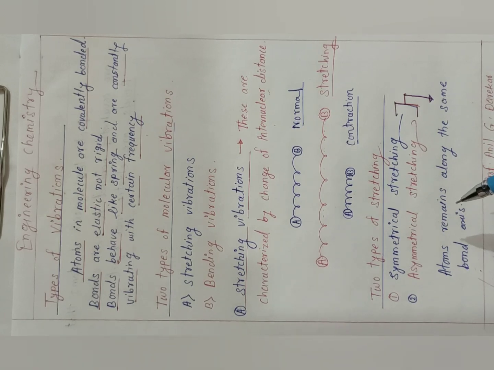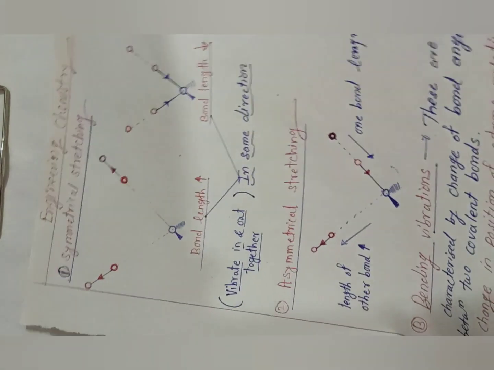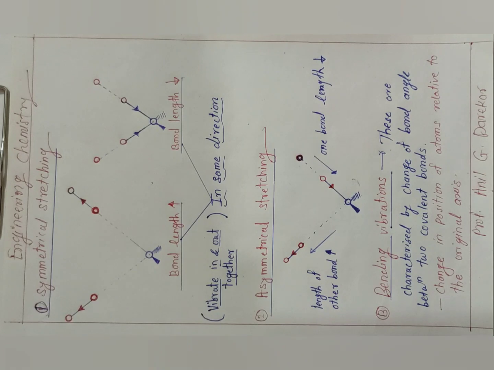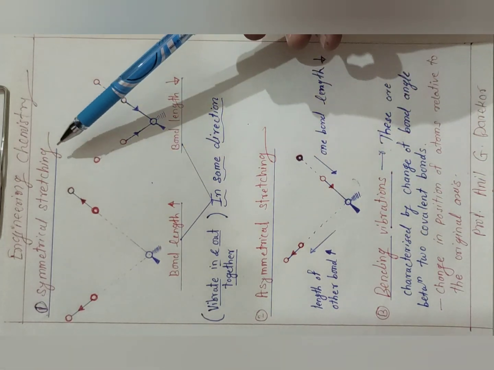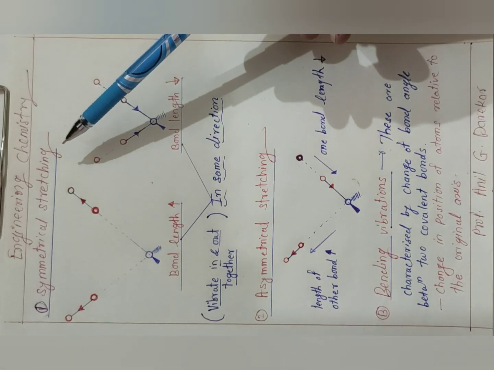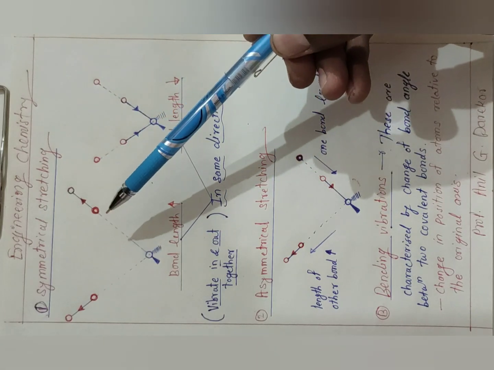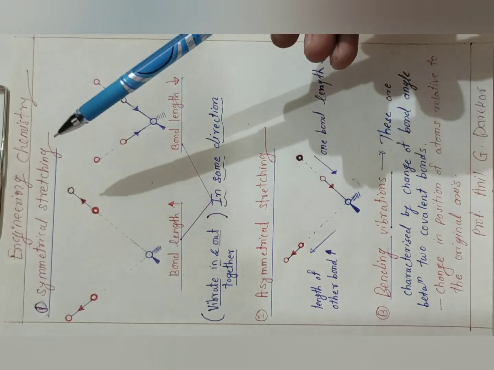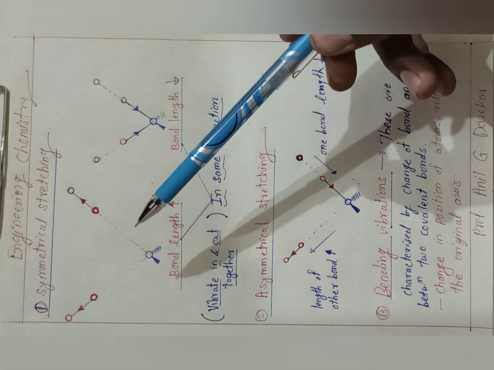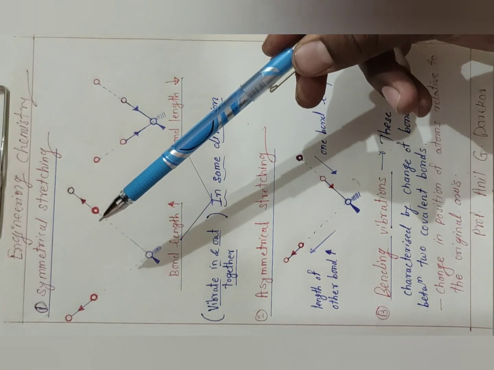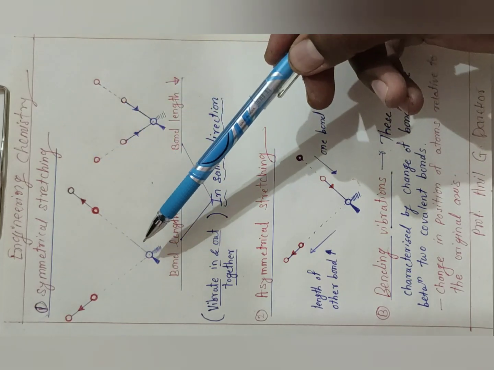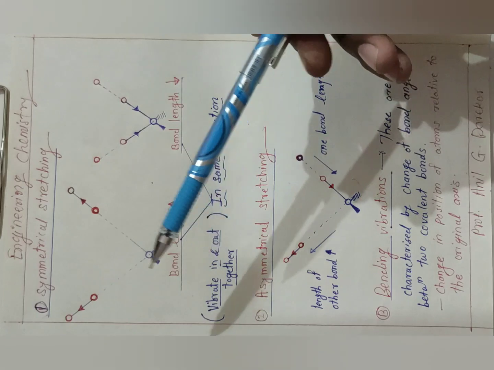One by one we are going to see. First one, symmetrical stretching. The word itself tells us that stretching takes place symmetrically. Means in the stretching vibration, both bond lengths increase or decrease. In symmetrical stretching, bond length either increases or decreases, and this takes place symmetrically.